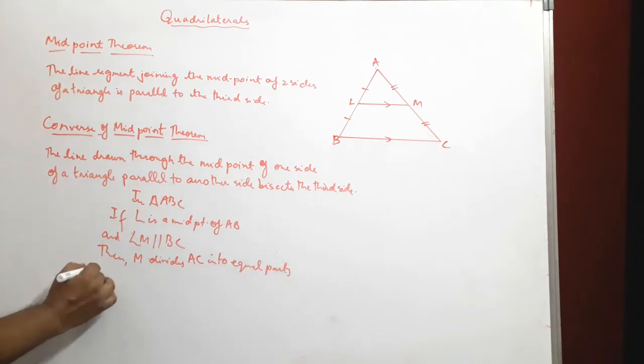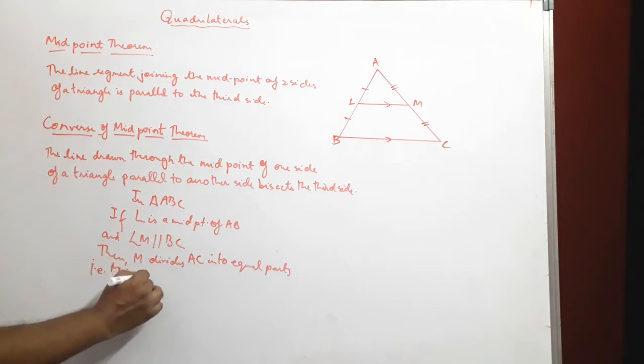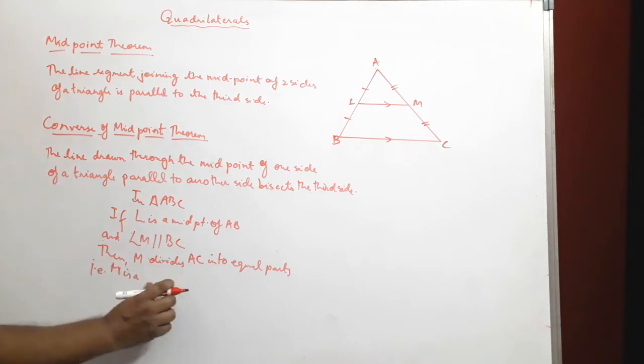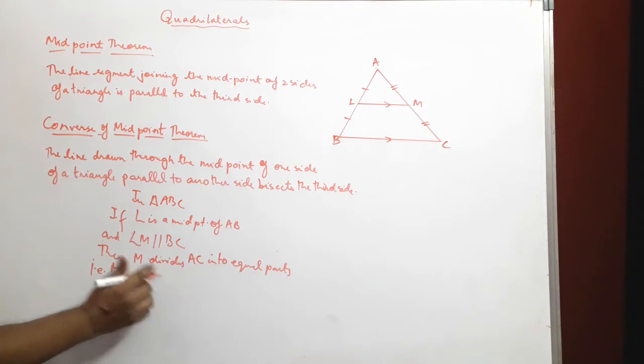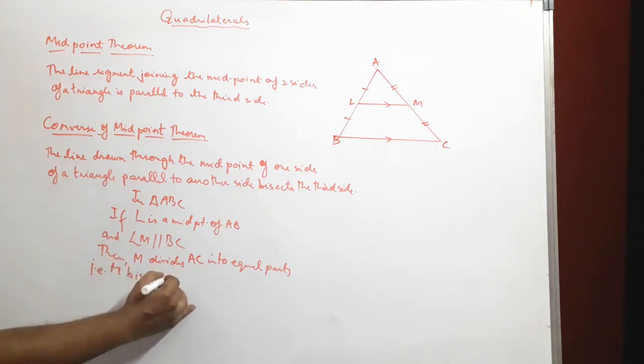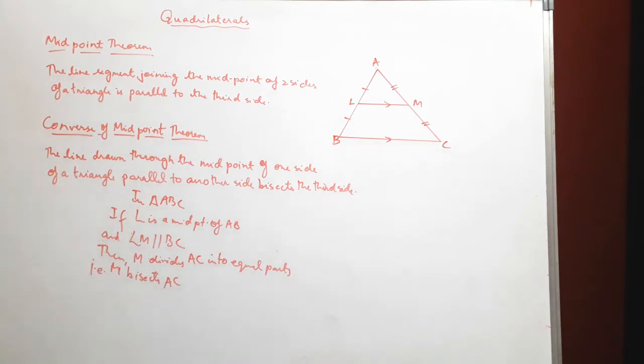In other words, M bisects AC, or you can even say that M is a midpoint of AC. So just the opposite.